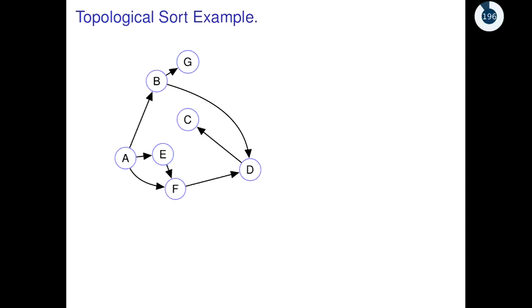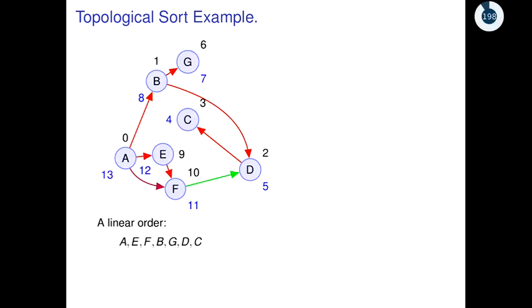Okay. So now this graph, I've removed an edge, and I'm going to try to find a linear ordering. This one's a little bit harder to figure out who goes first and everything.